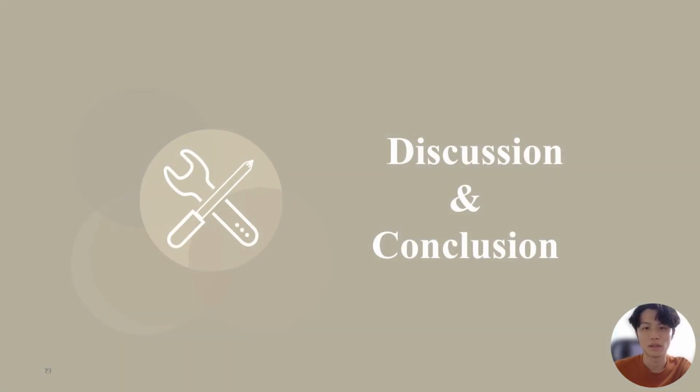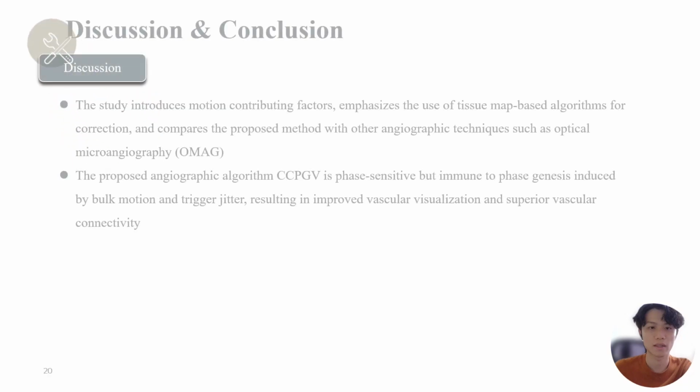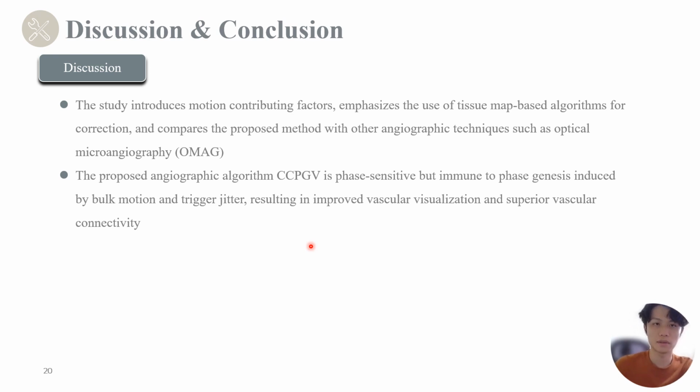Okay, and then this is the discussion and conclusion part. The discussion is that this study introduces motion contributing factors, emphasizes the use of tissue map-based algorithms for correction, and compares the proposed method with other angiography techniques such as optical microangiography, which is OMAG.